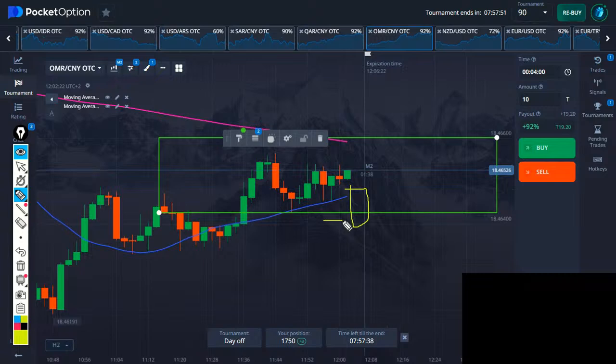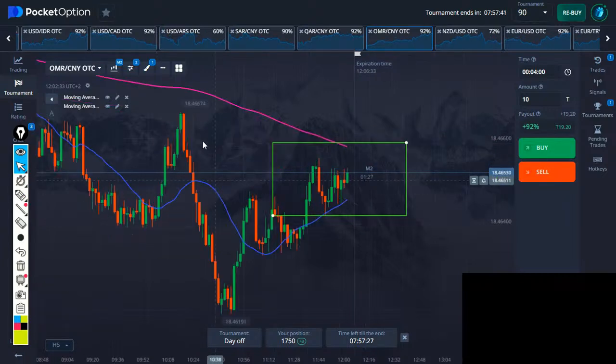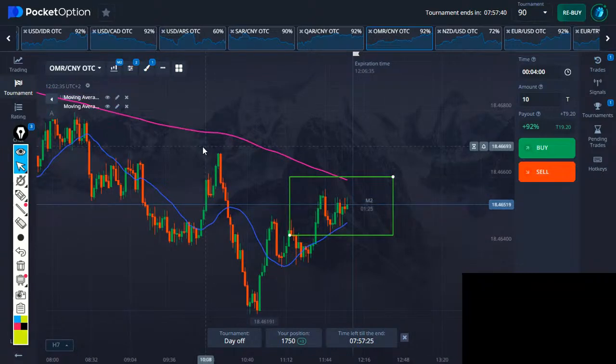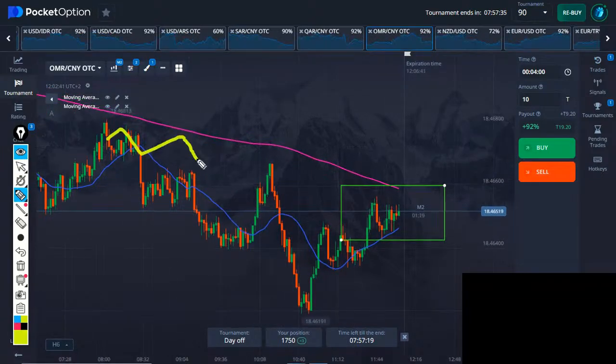Boom, you enter. Or to the upside. However, since the price is moving below the 200 moving average, the major trend is to the downside. I prefer to take a sell.